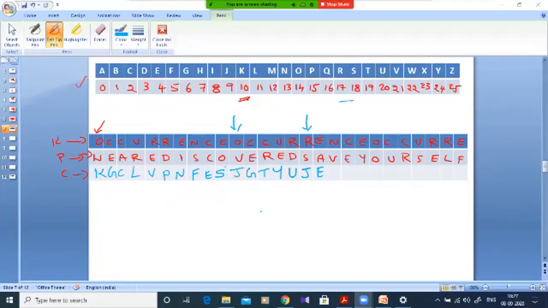Clear? Okay. So this is also invented by Vernam, called the Vernam cipher.